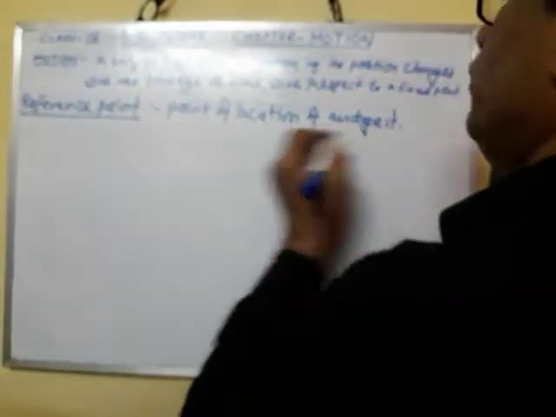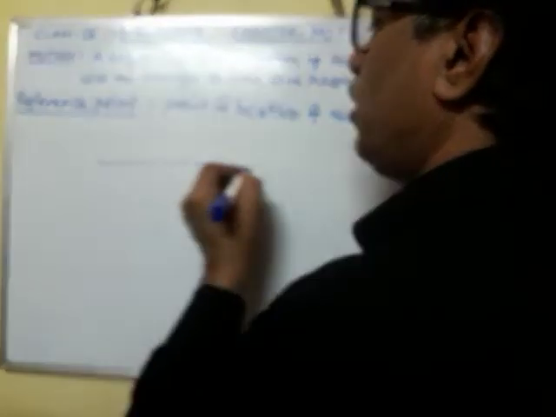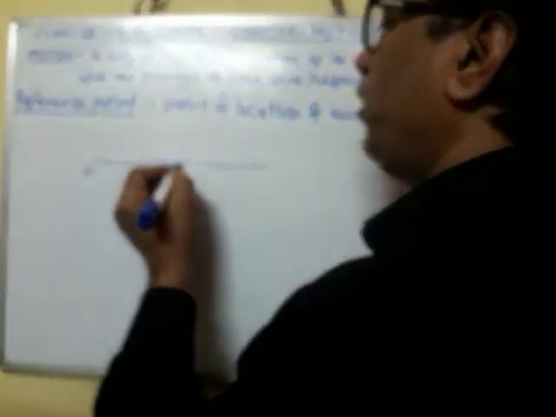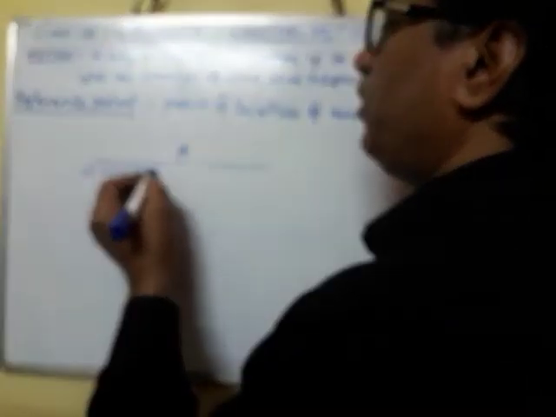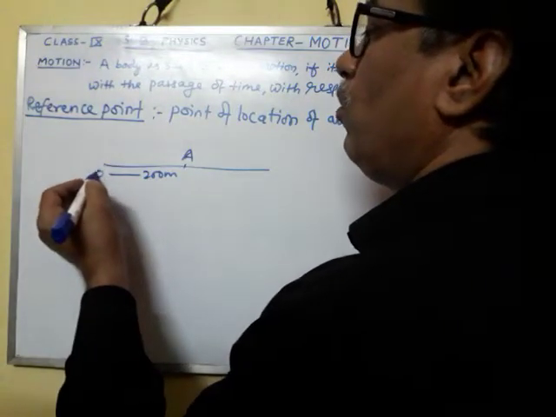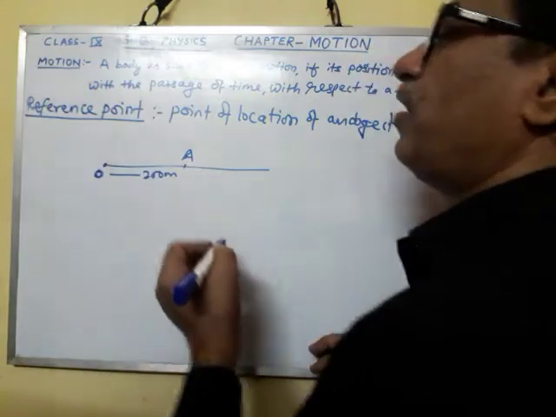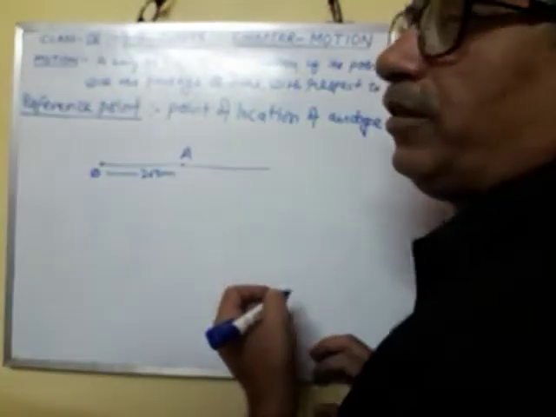So, the reference point. Suppose the car started from point O and goes to point A, which is, suppose, 200 meters. Then the motion of the car is with respect to this initial point O, and O is the reference point in this case.